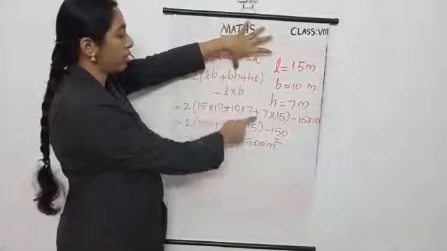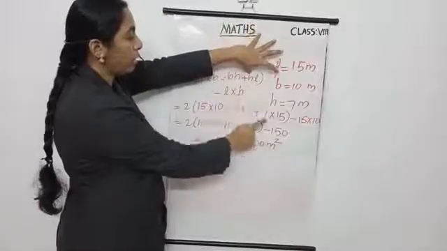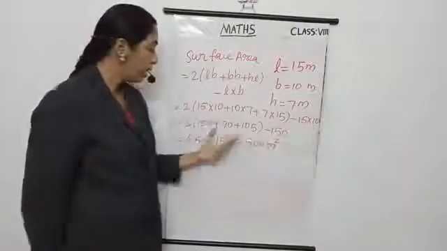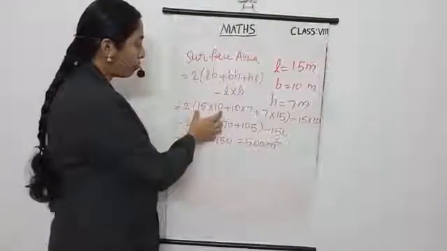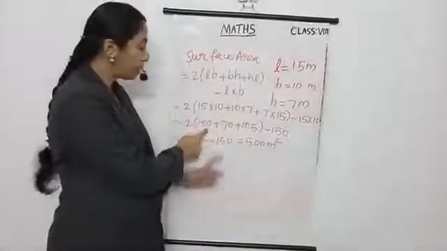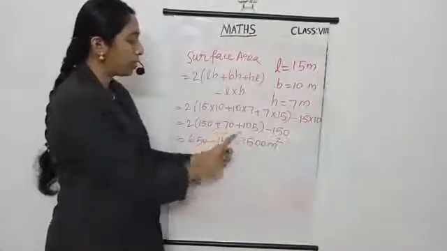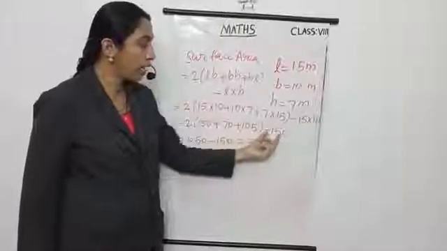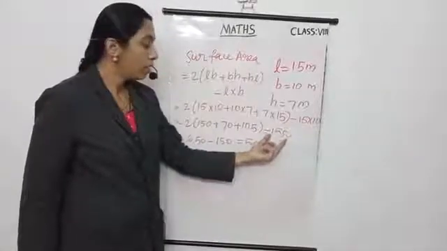So 10 into 7 plus H into L, 7 into 15, minus L into B, 15 into 10. Now multiply. 15 into 10 we get 150, plus 10 into 7, 70, plus 7 into 15 we get 105, minus 15 into 10, 150.